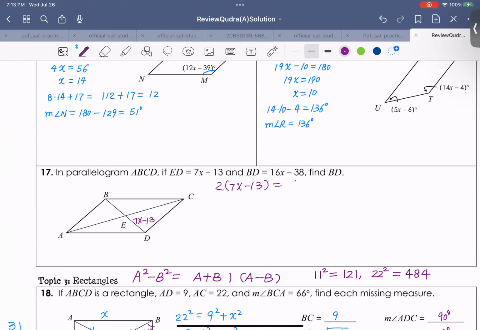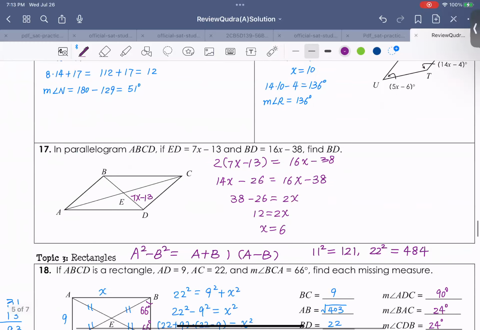Equals BD. So 14x minus 26 equals 16x minus 38. So that would be 2x equals 12. So x becomes? x equals 6.